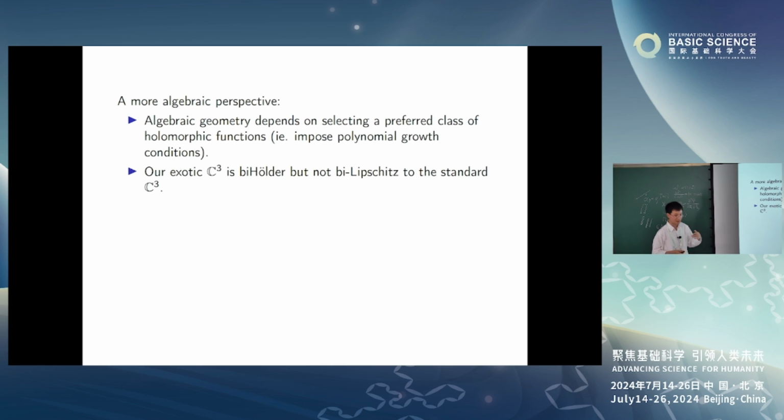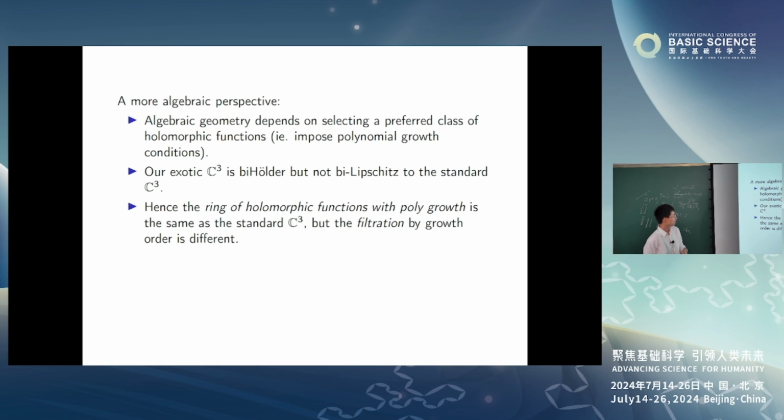To understand this, you have to understand what the distance function on this manifold looks like. So this distance function is, at least asymptotically, Hölder but not Lipschitz equivalent to the standard metric. The consequence of this is that the polynomial growth functions on this thing are the same class of polynomial growth functions as the standard case.